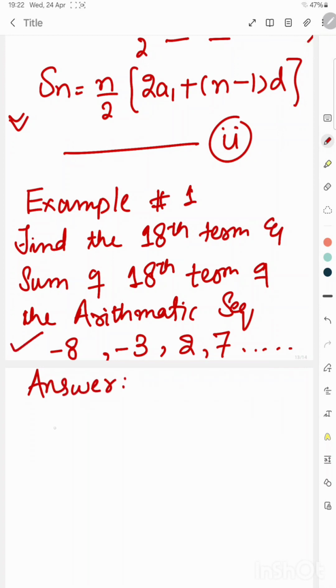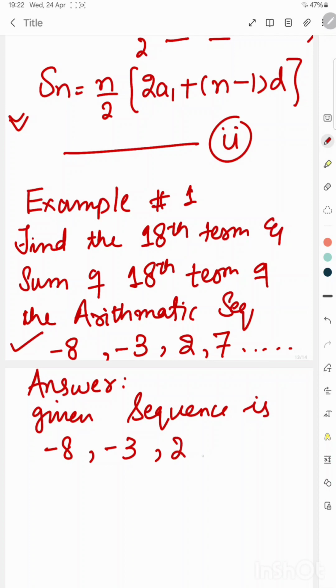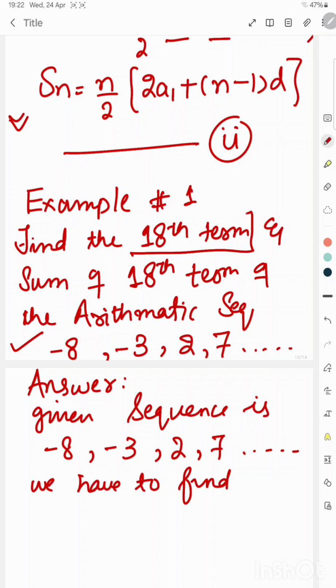As the sequence is given, first of all we will write the sequence. The given sequence is -8, -3, 2, 7 and so on. And what we have to find? We have to find the 18th term.